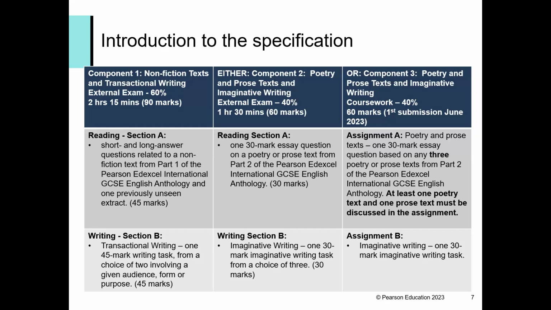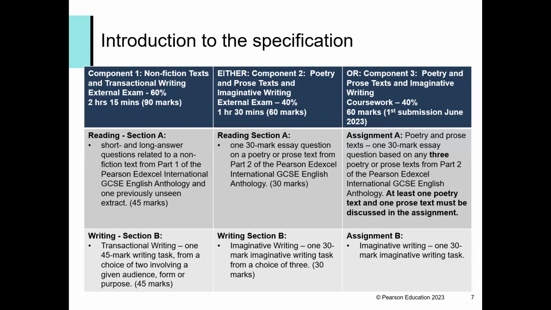So there are 2 routes through this, but everyone does component 1. That's our non-fiction text and transactional writing. It is the more heavily weighted of the routes through. Everybody has to do this. It's 60%, and everybody has to do the exam.